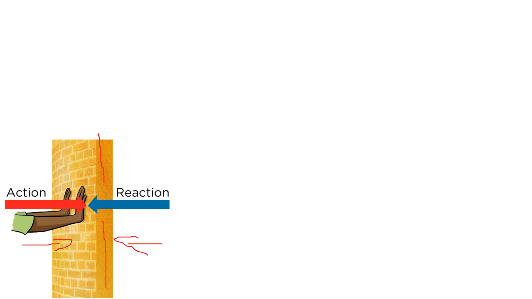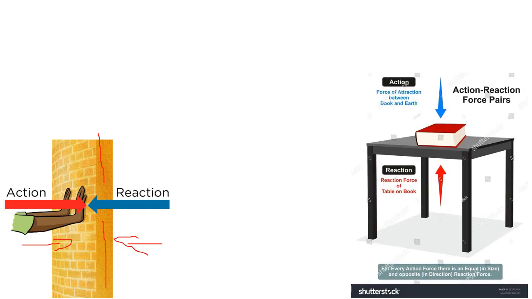So similarly, when you keep a book on a table, there is naturally gravity at any place on the earth. So the book tends to move downwards, but the table in this situation is a rigid body.